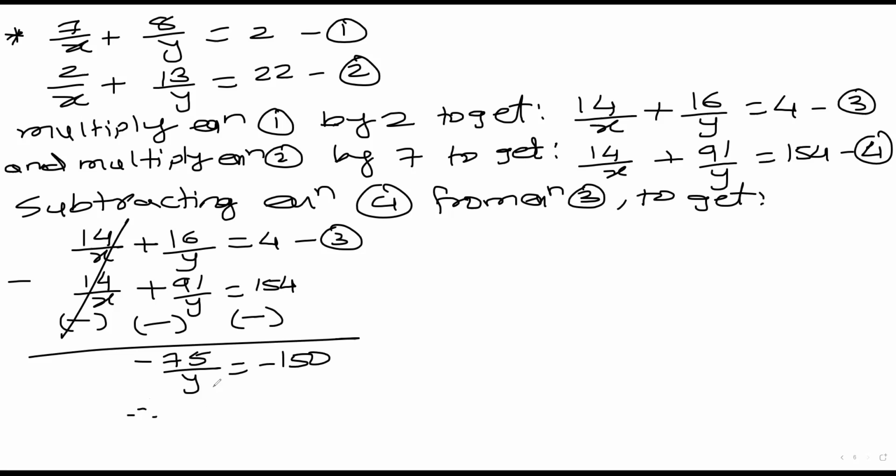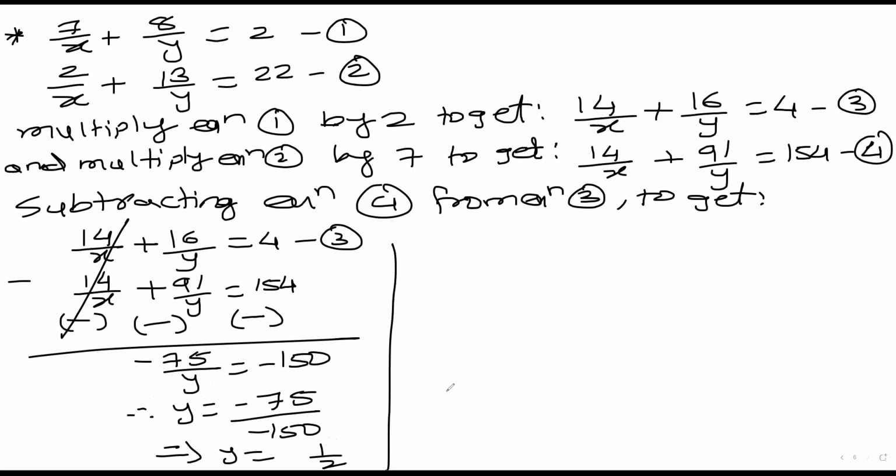So when you cross multiply, y will go here, so you get y will be minus 75 upon minus 150. This implies y will be 1 upon 2. Simple, as easy as that. So you get directly the value of y. You don't have to worry. Are you getting my point, everyone? Is that clear?